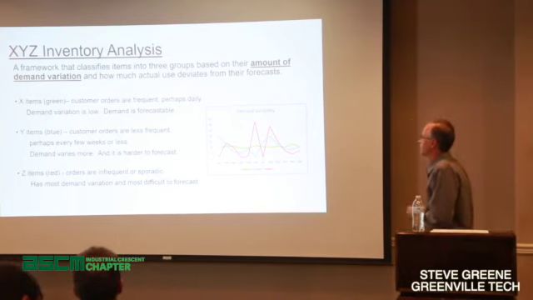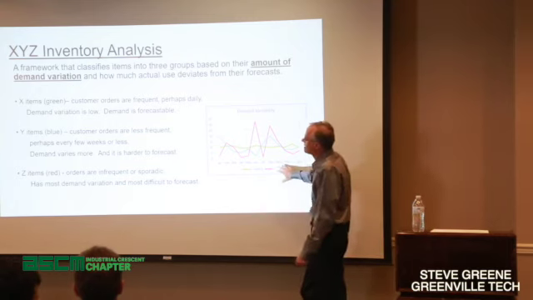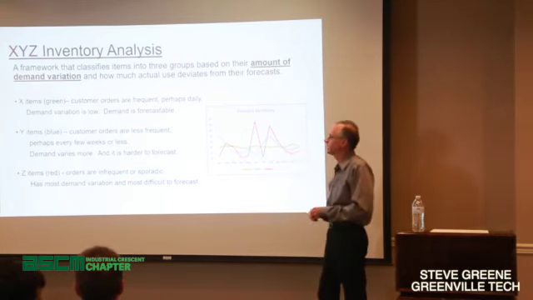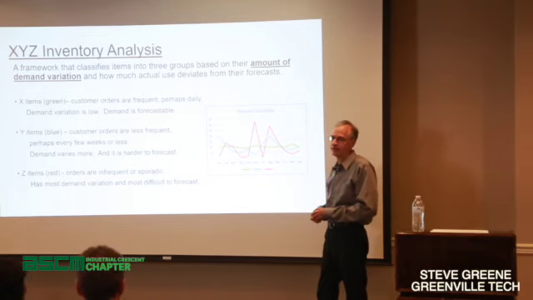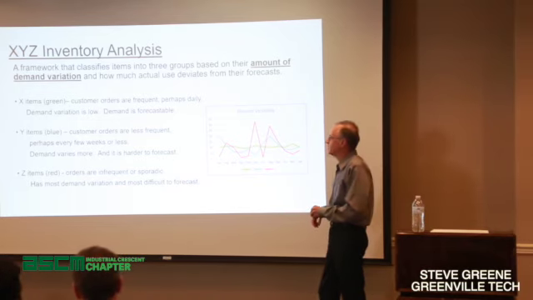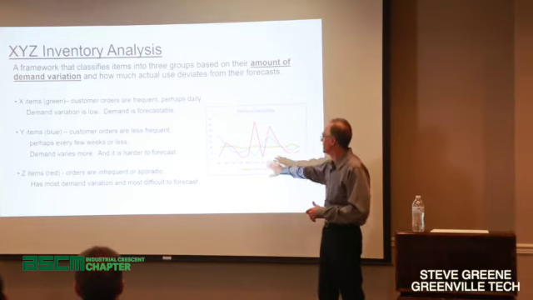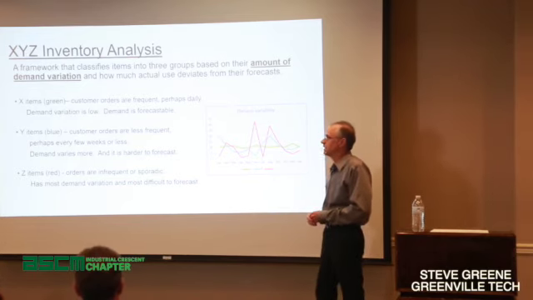If you see the chart here, the X items, which will be this green line, customer orders are frequent, perhaps daily, demand variation is low, and demand is forecastable. It's a very accurate forecast for those. The Y items, which will be the blue line here, the customer orders are less frequent, perhaps every few weeks or less.